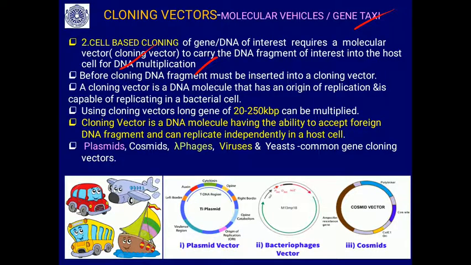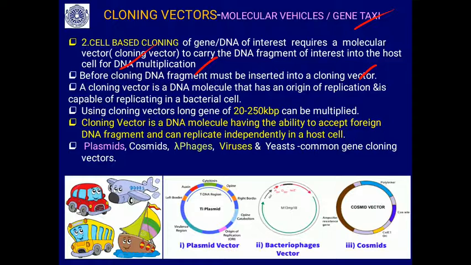Before cloning, the DNA fragment must be inserted into the cloning vector. So the cloning vector has to be cut with the help of a restriction endonuclease. Then we insert our gene of interest with the help of ligase, so that this recombinant cloning vector or DNA can be transferred into the host cell. The host cell will multiply and we can get the desired number of copies.